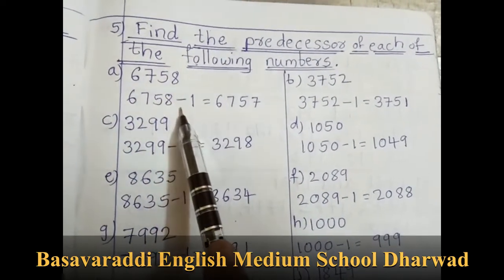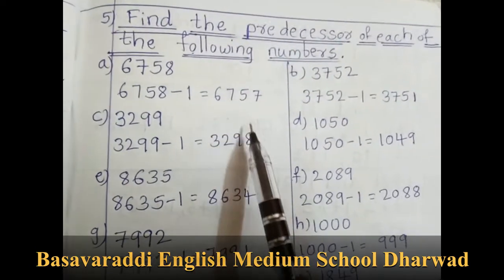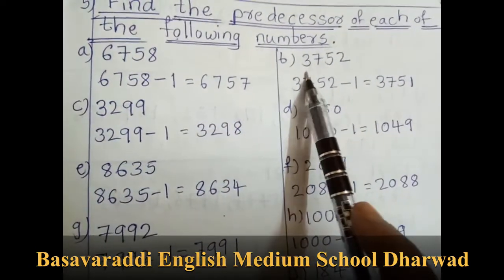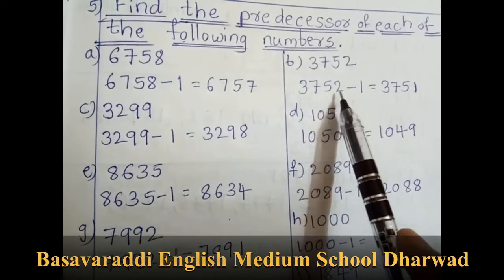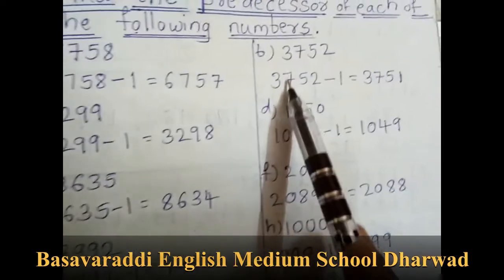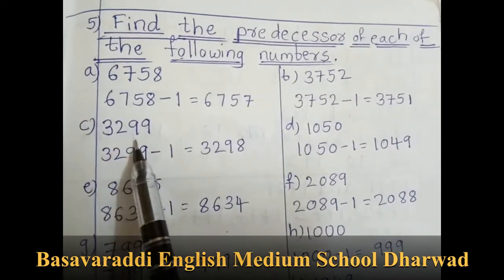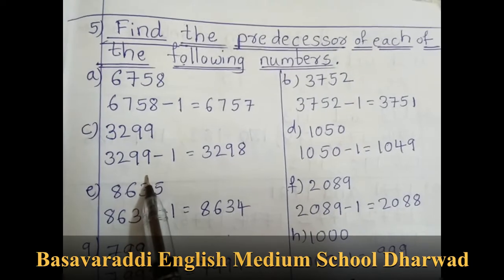6758, we subtract 1, that is 6757. 3752, we subtract 1, so what are we getting? The predecessor, that is 3751. 3299, what is the predecessor?